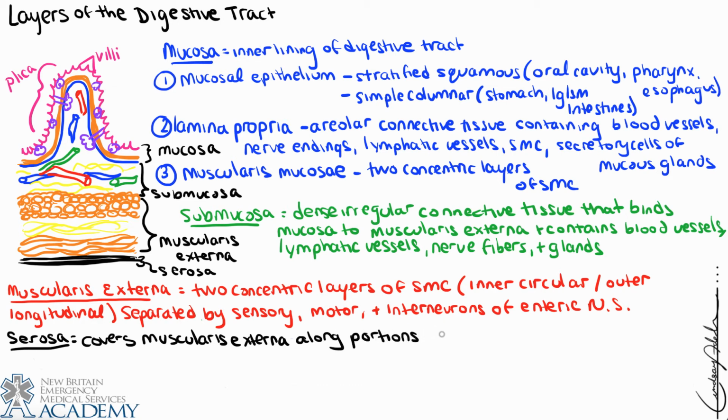And as a reminder, anytime that we talk about serous membranes, we know that there are two layers. There's the visceral and the parietal. So this is going to be the visceral, and then the parietal would line the cavity, the peritoneal cavity specifically, right?